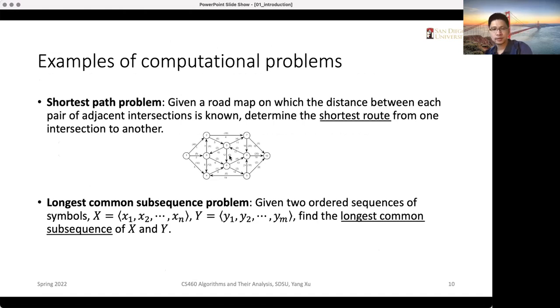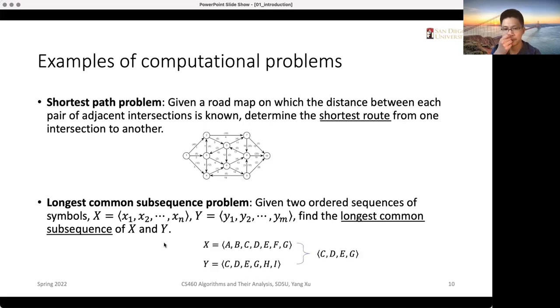For example, say we have two ordered sequences, but they may contain different elements. And we want to find the common subsequence between the two that has the longest length.